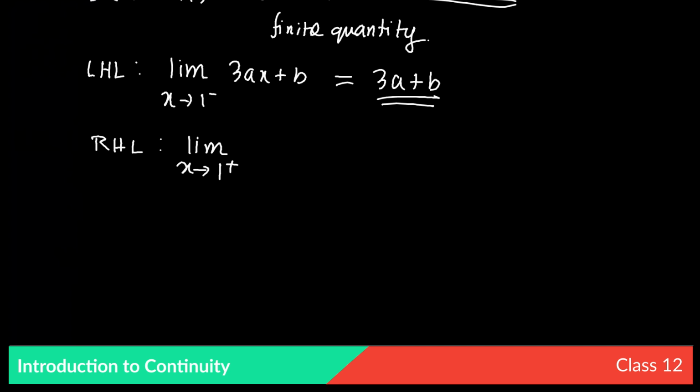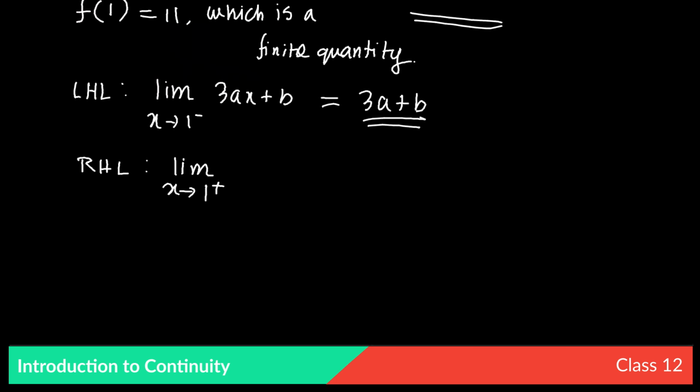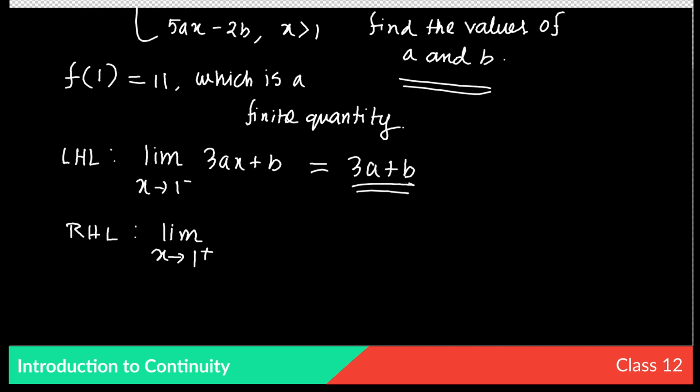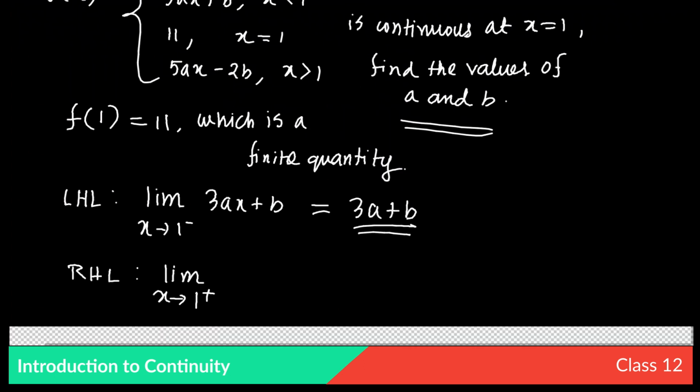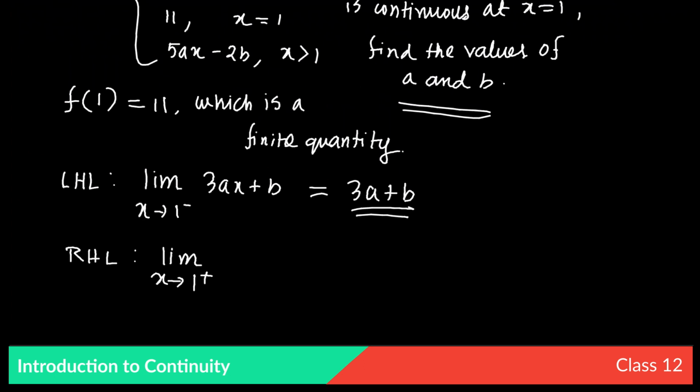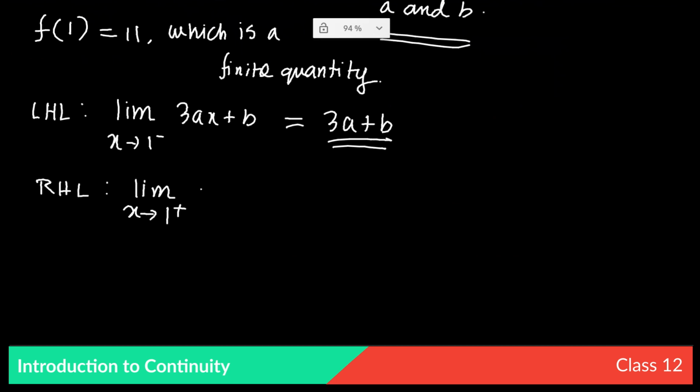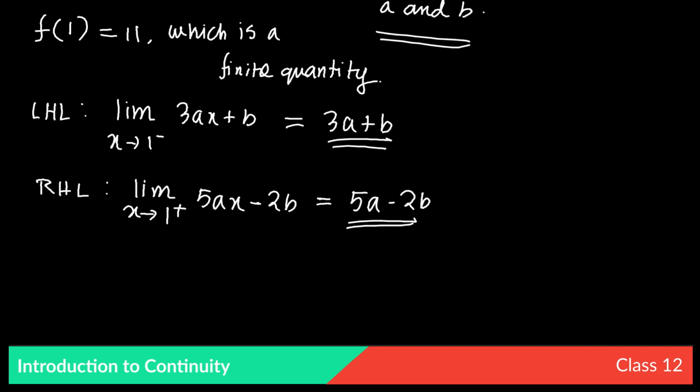So when x is greater than 1, what function will we take? It is 5ax minus 2b, so it will give me 5a minus 2b from the concept of limit.